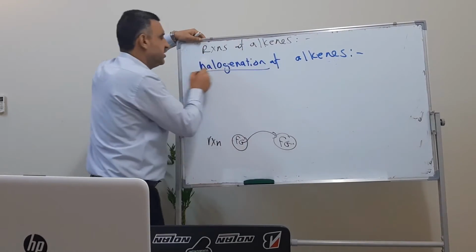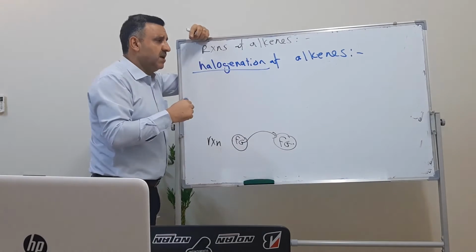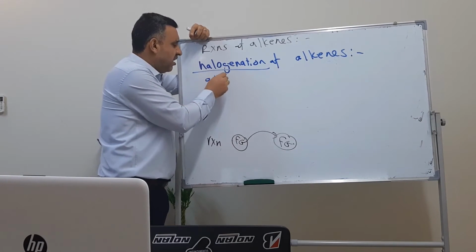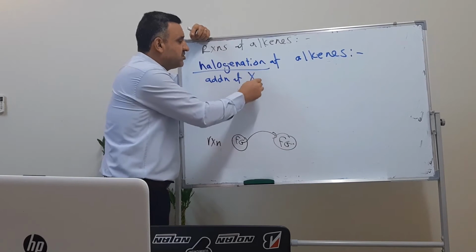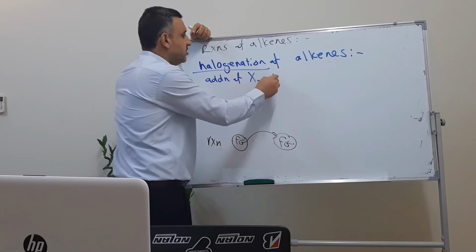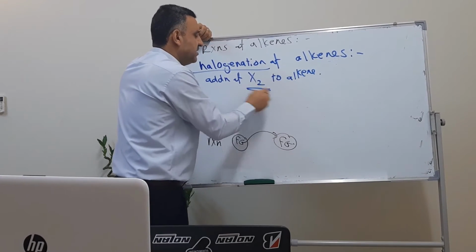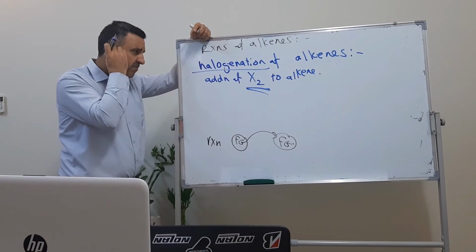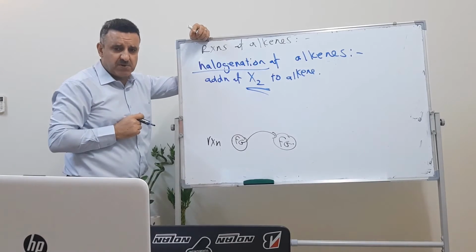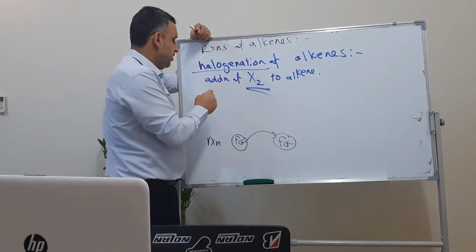From its name, always focus on the title of the reaction. Halogenation means addition of halogen, which we always refer to as X2, to alkene. So it's all about an addition reaction, the addition of halogen to the alkene. This is one of the most important reactions in organic chemistry.